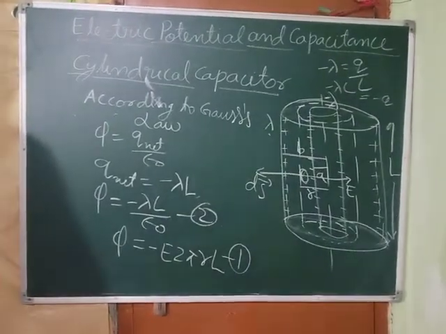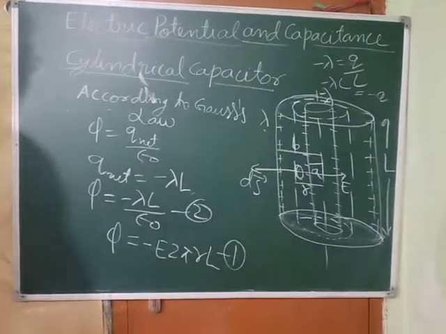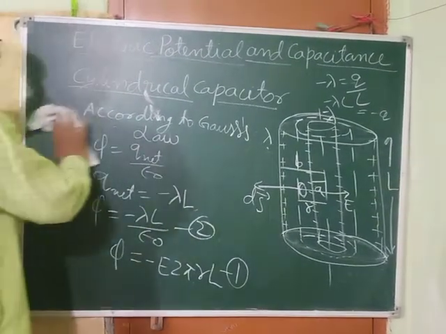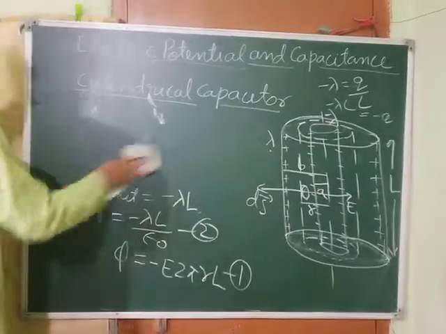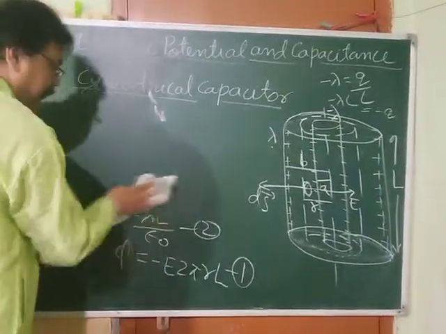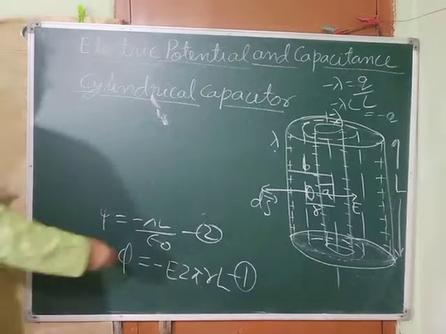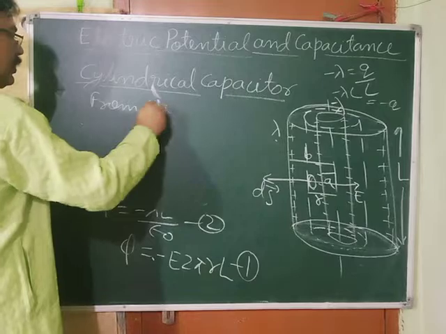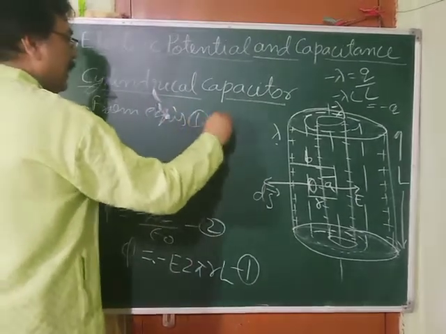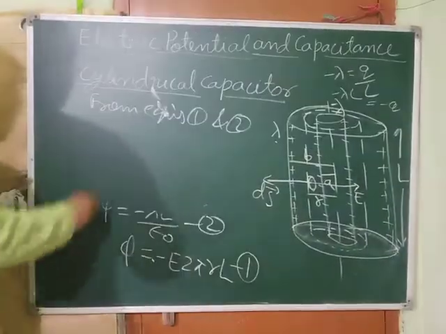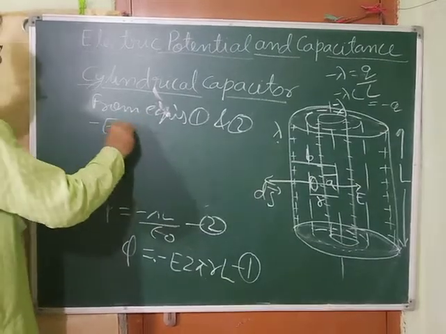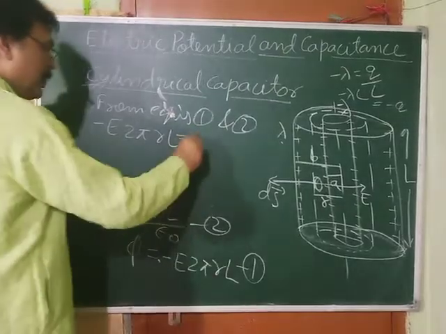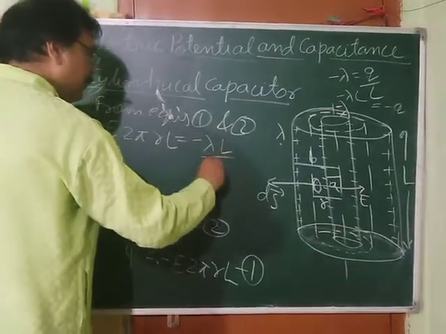Now from equations 1 and 2, what can we get? Both are the values of phi, so can we equate both of them? I'm going to have the upper part and then we will equate this. See, these two equations are there. From equations 1 and 2 we get minus E into 2 pi RL is equal to minus lambda L by epsilon naught.